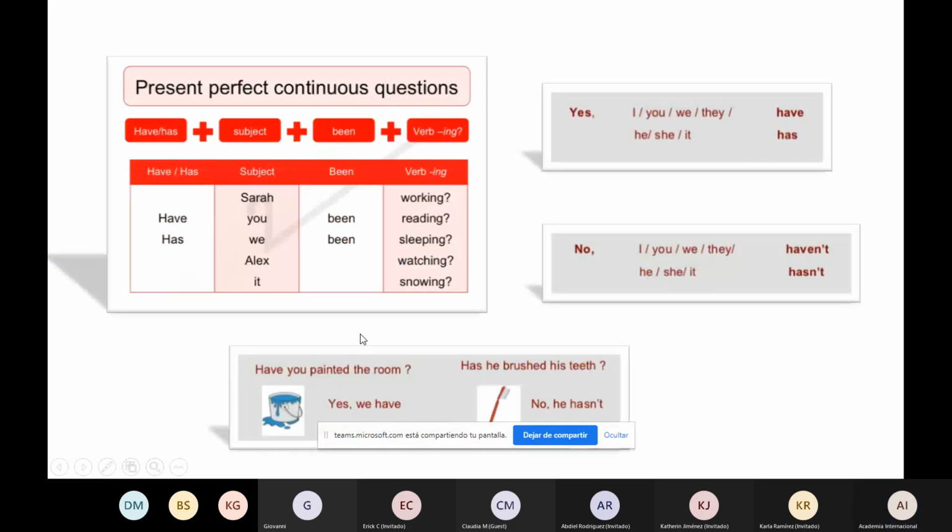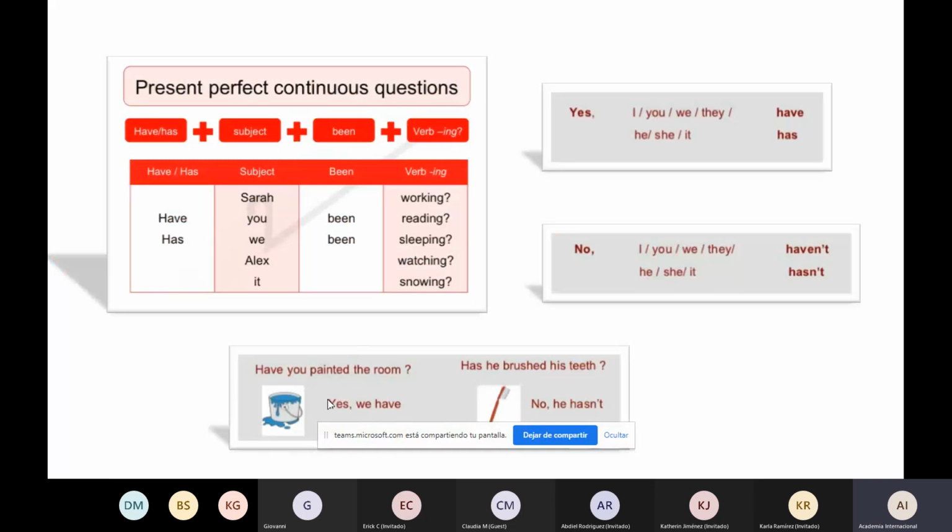Ahora bien, estoy diciendo, ¿has pintado el cuarto? ¿O has lavado tus dientes? ¿Ha lavado él sus dientes? Has he brushed his teeth? Entonces, la acción ha sido en el pasado y quizás ha terminado en el pasado.